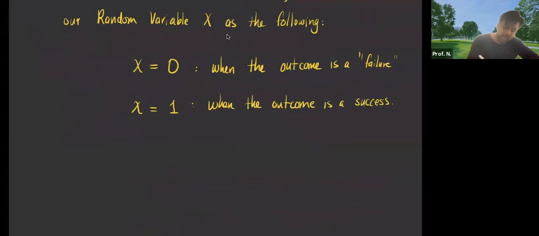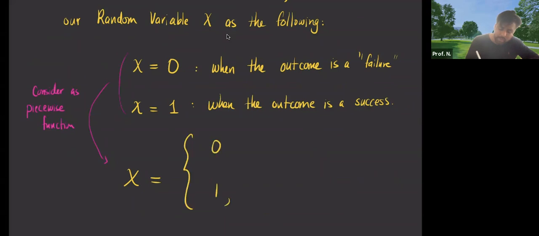So actually we can consider this as a piecewise function. For those of you who don't remember what that is, hopefully you see this example. So x could be either 0 or 1. But when is it? What if the outcome is a success? Or if the outcome is a failure?